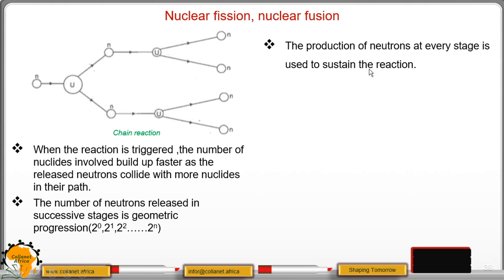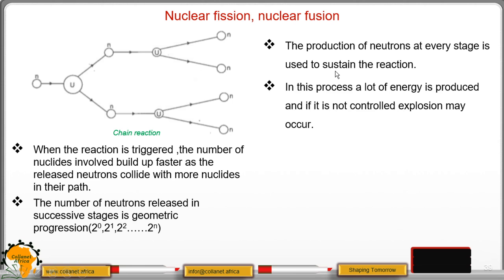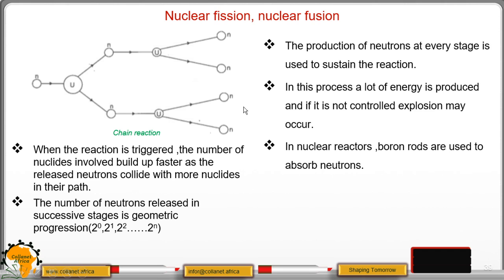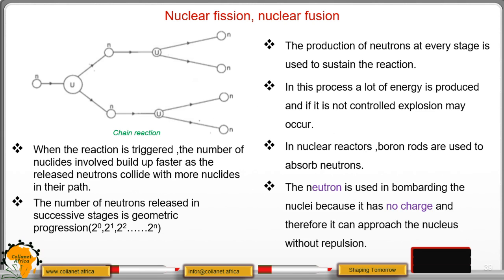we shall have a very large amount of energy being released. And therefore we are saying the neutrons that are released or produced at every stage are used to sustain that chain reaction. In this process, a lot of energy is produced, and if it's not controlled, we may have what we call an explosion. Now, to prevent this explosion, in nuclear reactors, boron rods are used to absorb neutrons.